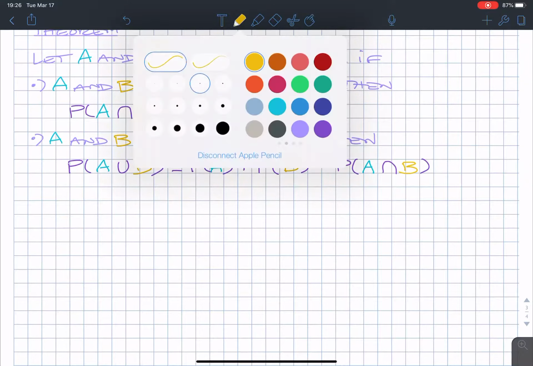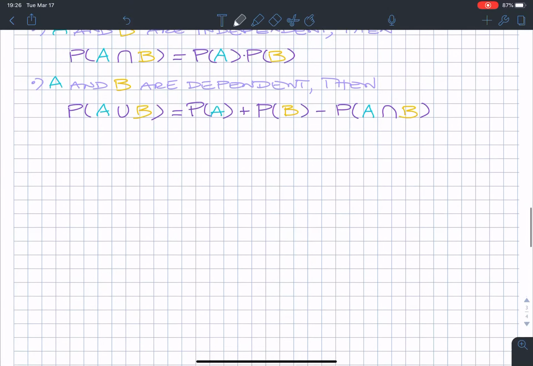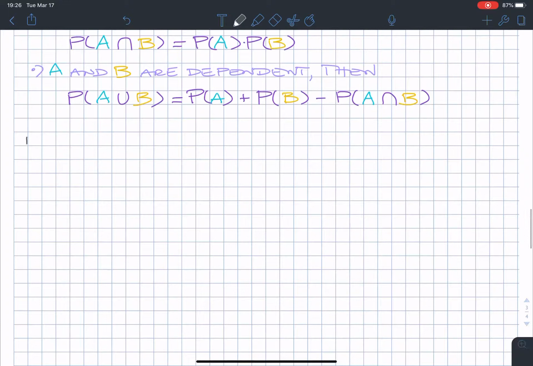So for example, let's find the probability of picking an ace of hearts. How about that?